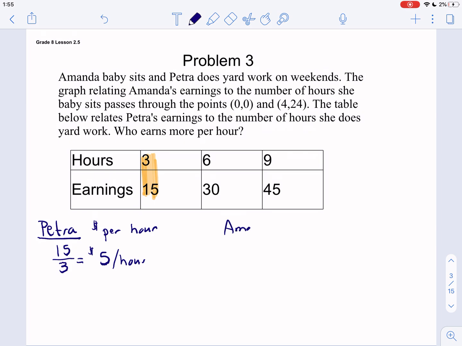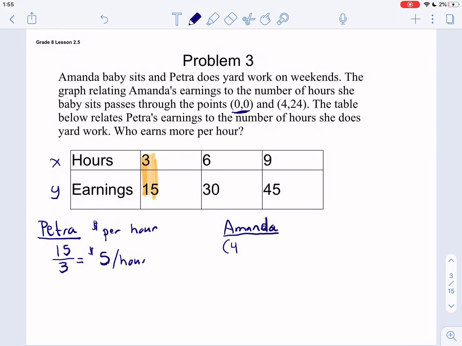Now for Amanda, I'm going to do the same thing. Anytime you have a problem like this, the hours is always going to be the x, and the earnings is going to be the y. So I'm not going to use (0, 0), because that's not going to give us anything.